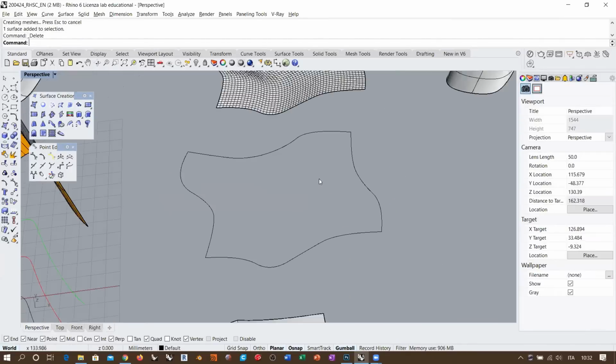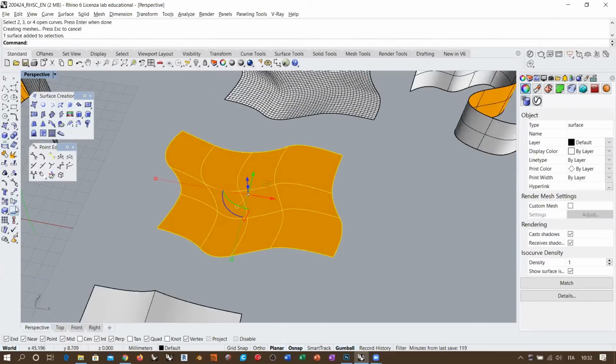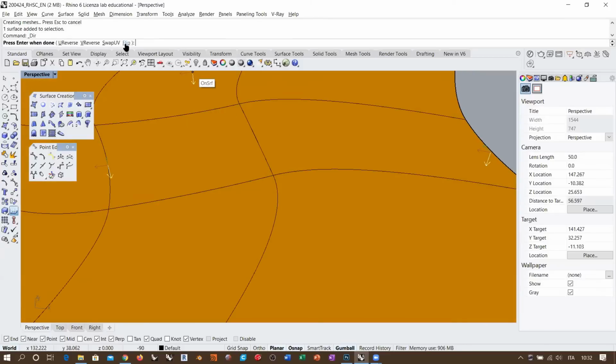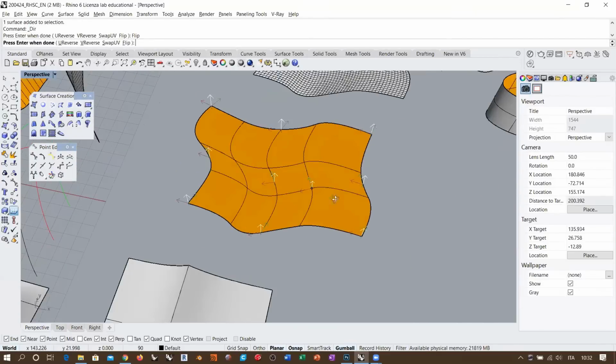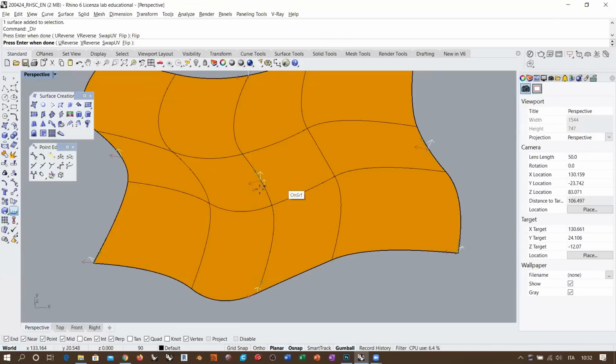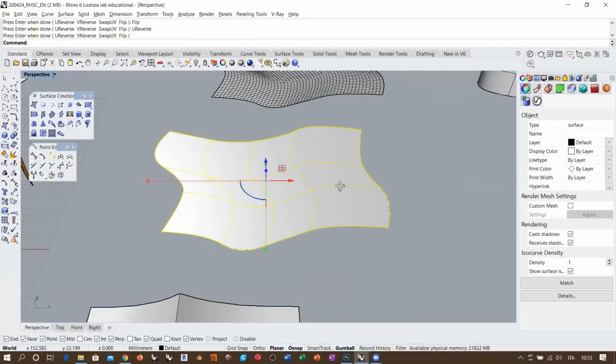So what I would use in this case is eventually a very simple command like surface from 4 edges, like 1, 2, 3, and 4, and I get this one, eventually reoriented in order to have the proper orientation, like flip the axis. For example, if I want the axis to be to the right, the v-axis is already in place, so I simply reverse the u, and hit enter. We already have a proper orientation for the surface.